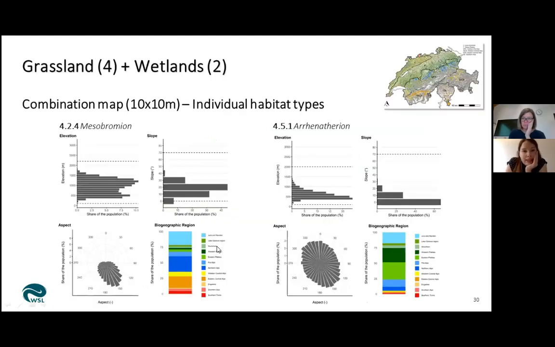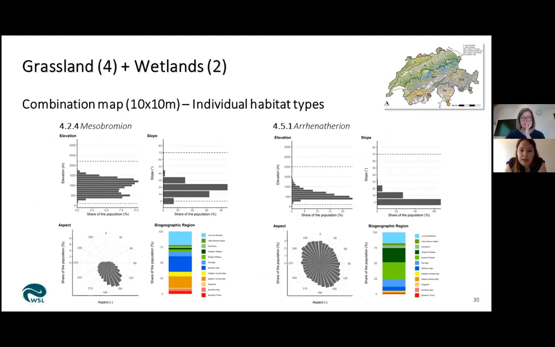Then in the next slide, we see some overview statistics for individual habitat types as they are represented in the combination map. We have two examples: the Mesobromion on the left, the dry meadow, and then the Arrhenatherion on the right side, a rich meadow.